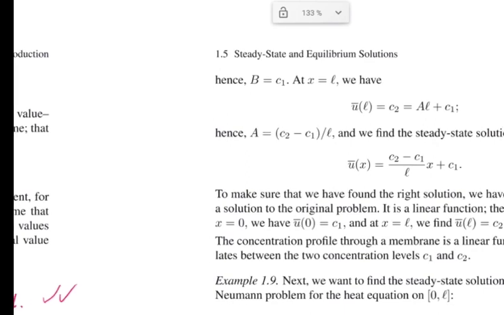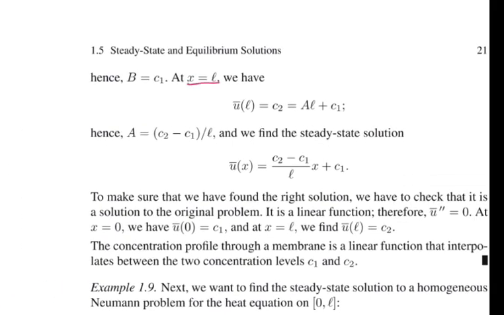So here at x is L, we had the side condition C2. And now taking the function from upstairs, evaluated at x is L, we get aL plus C1. And from this we should be able to find a, right? And we can.